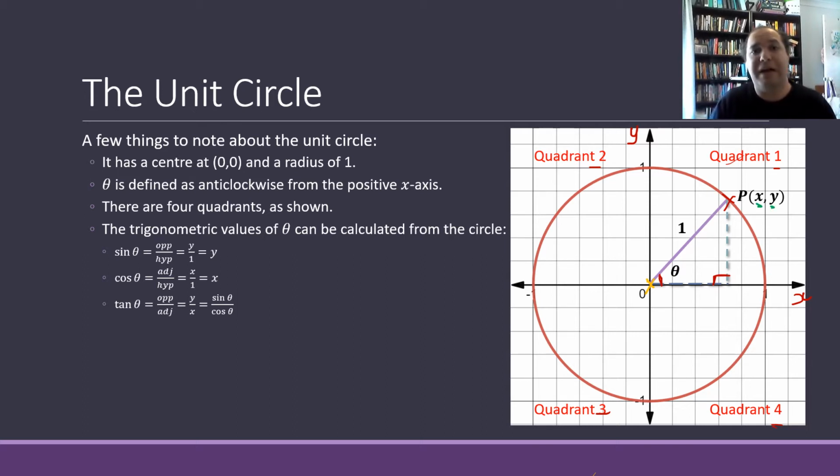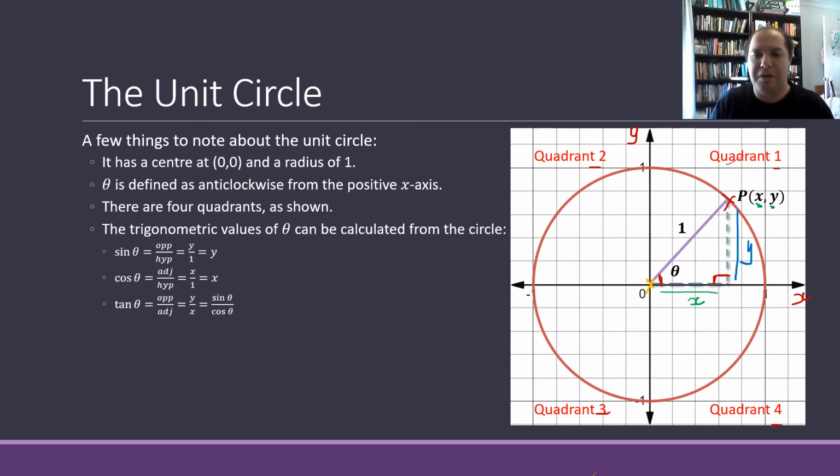Now, in terms of our Cartesian plane, that means this distance along the bottom here must be x, because our x coordinate is just x. Our y coordinate here is y, and that's how high we've gone. So that there is our y coordinate.